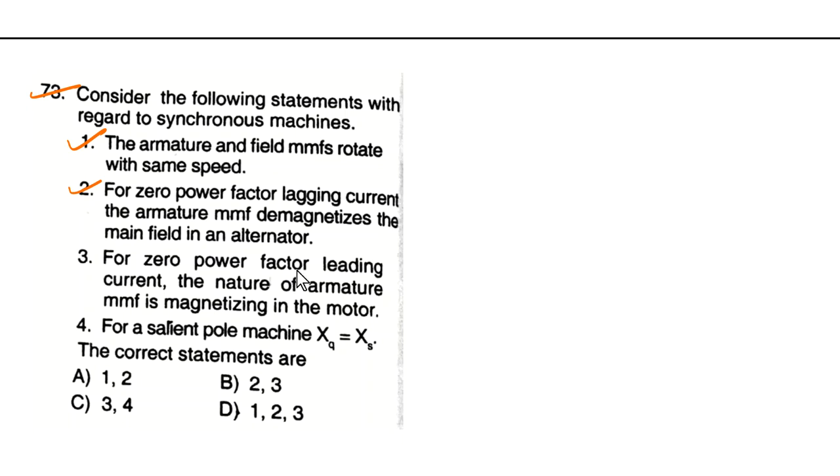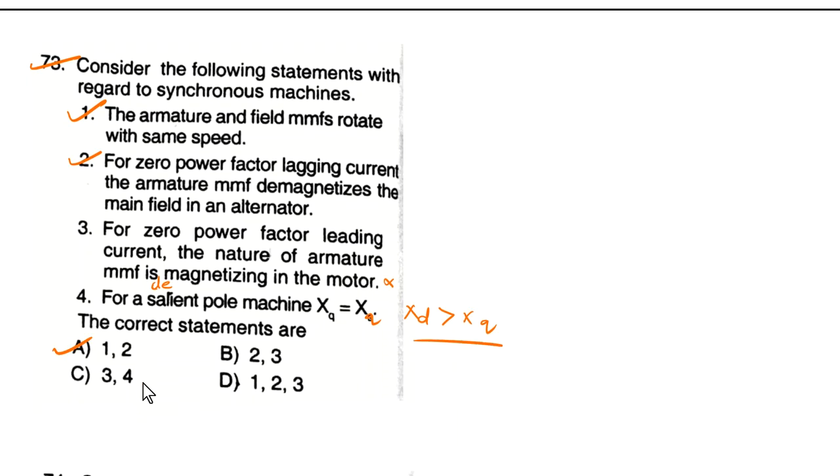And for zero power factor leading current, the nature of armature MMF is magnetizing in the motor is a correct statement for the alternator, but in the motor it is demagnetizing. So in the given question, the statement that the armature MMF is magnetizing in the motor is a wrong statement. And for salient pole machine, the direct axis reactance XD is greater than the quadrature axis reactance XQ here. So the correct statements are 1 and 2 here.